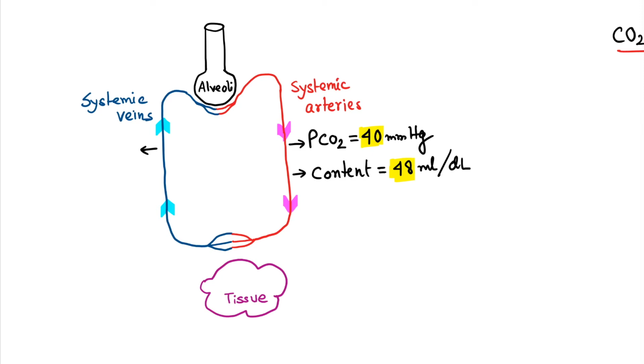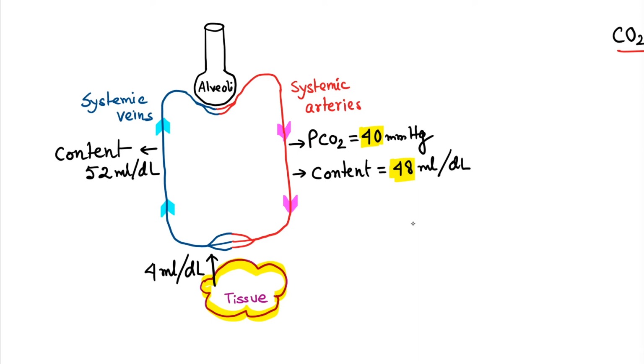When this arterial blood reaches the level of systemic tissue, we know tissue delivers 4 ml of carbon dioxide in 1 deciliter of blood. As a result of this, the content of carbon dioxide in venous blood reaches up to 52 ml per deciliter.